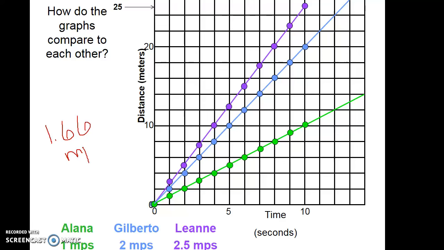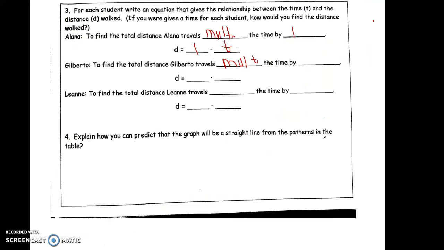Think about that. Where would that line show up? Well, since 1.66 is between these 2 rates, it would be between the 2 of them. I'm not going to be exact, but it's going to be somewhere in here, right? And it would actually be straight, not like my line. But that's where our walking rate would be, between Alana and Gilberto.